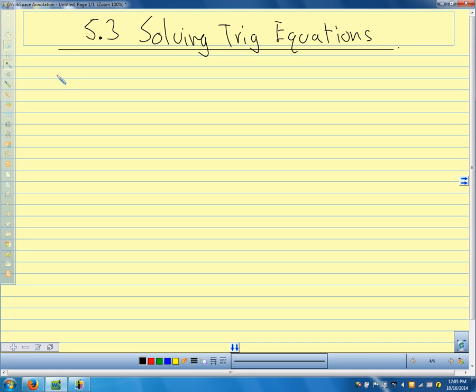So what I want to do is give us some general guidelines and then just go through a few examples of solving these equations. There's not much new to talk about other than just working through some of these problems. So in general, we want to isolate the trig function.